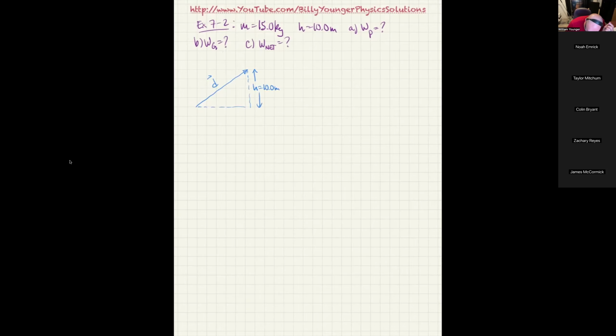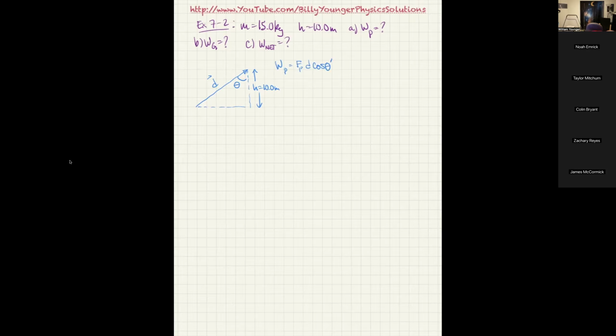They're saying this angle right here is theta, and this distance, of course, is d, but they didn't give us that. So first off, work done by the person is equal to F person times d times the cosine of the angle between them, which in general is theta. I better put a theta prime there because I've already got theta written on here.